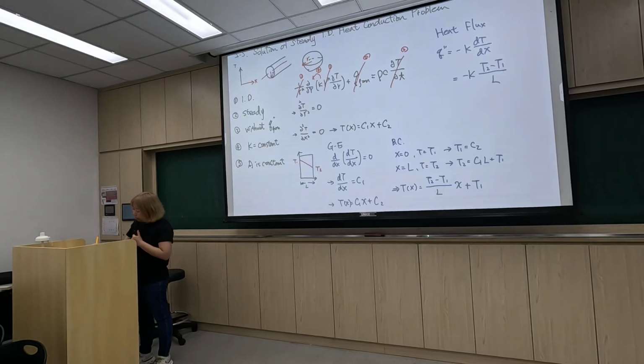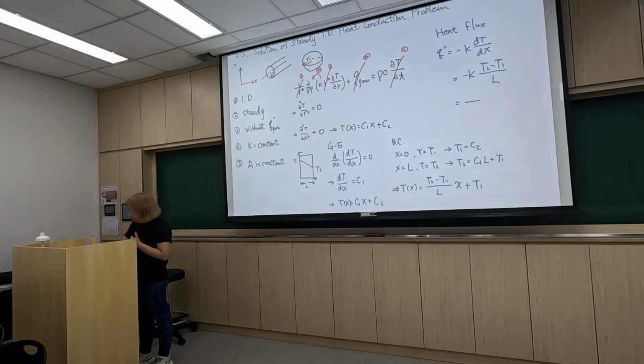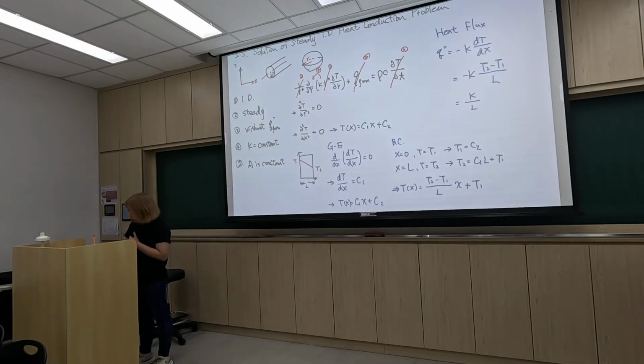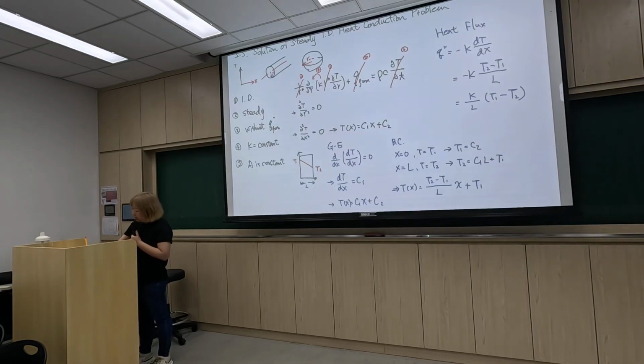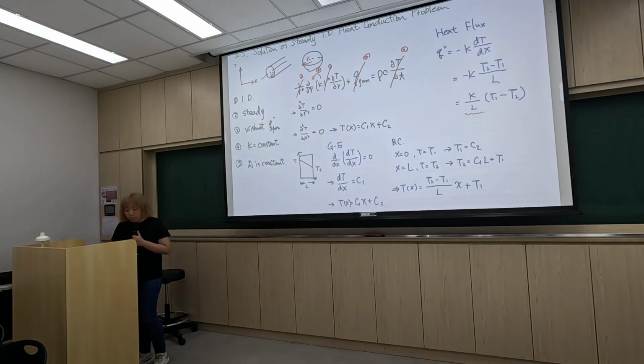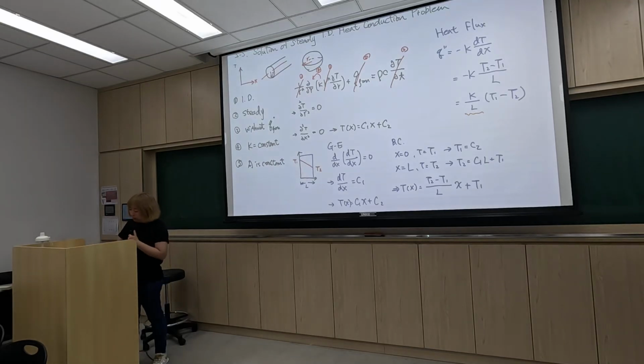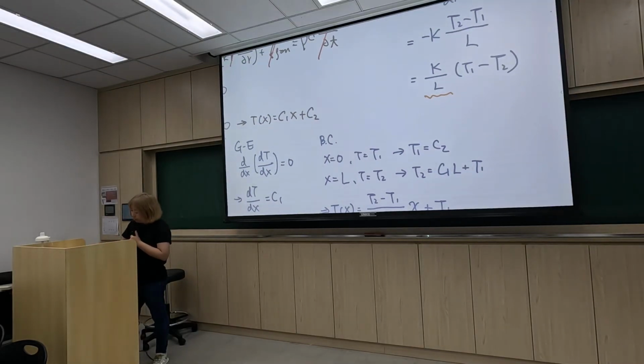But if you want to slightly organize the equation, you can take out the parameter, then put a negative term inside, so it will be T1 minus T2. And this function we call thermal conductance. I write it down. Sorry.